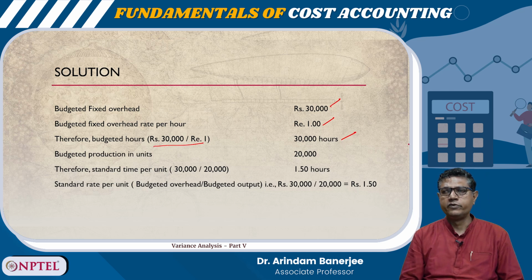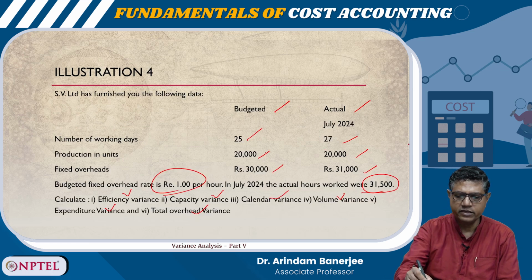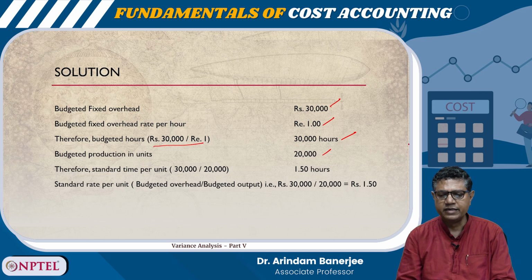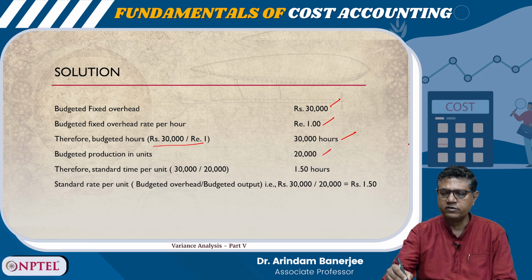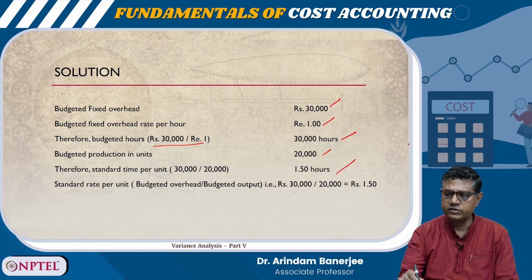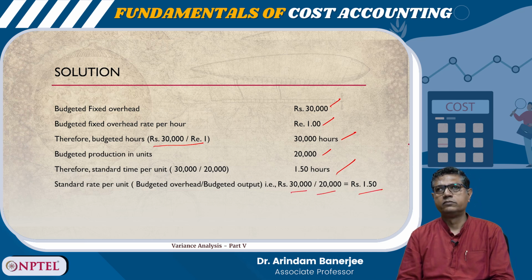Budgeted production in units is 20,000, it is given here. Therefore, the standard time per unit is 30,000 by 20,000, that is 1.5 hours. So, standard rate per unit is 30,000 by 20,000, that is rupees 1.50.